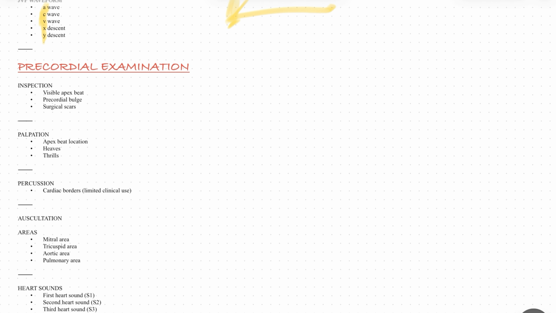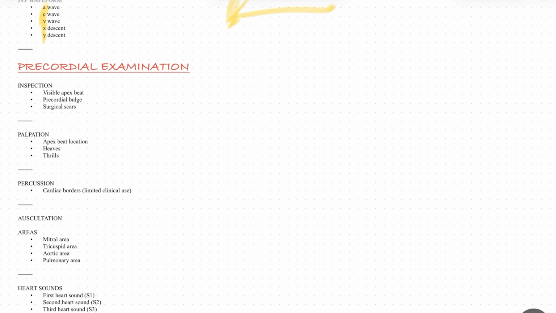Then coming to the important part of the CVS, which is precordial examination. First thing you need to know when it comes to the examination part of systemic examination, you need to go with the 4 steps. First, you need to do inspection without touching the patient. If the patient is walking in or made to sit comfortably, you are going to ask him to expose the site where you are going to do the examination.